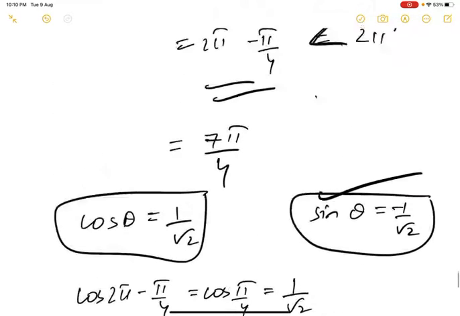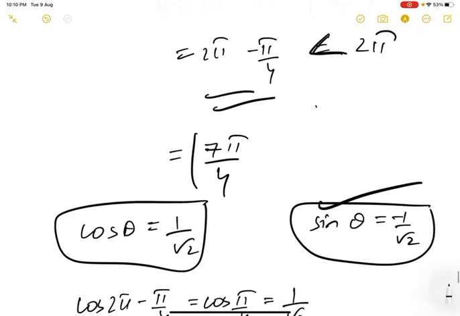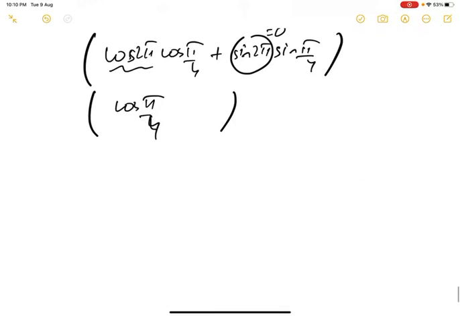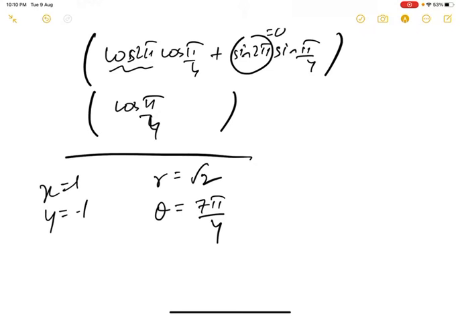So you can see that 7 pi by 4 is satisfying cos theta is 1 by root 2. It is satisfying sin theta is equal to minus 1 by root 2. And it is also a principal solution. That is why now finally I have solved it. That is x is equal to 1, y is equal to minus 1, your r is root 2, and your theta will be 7 pi by 4.